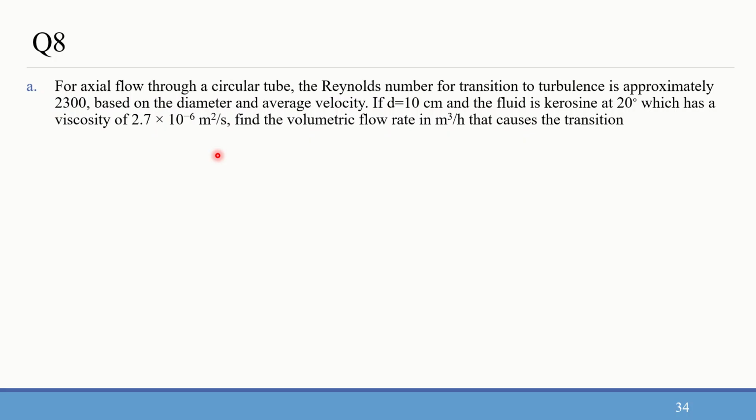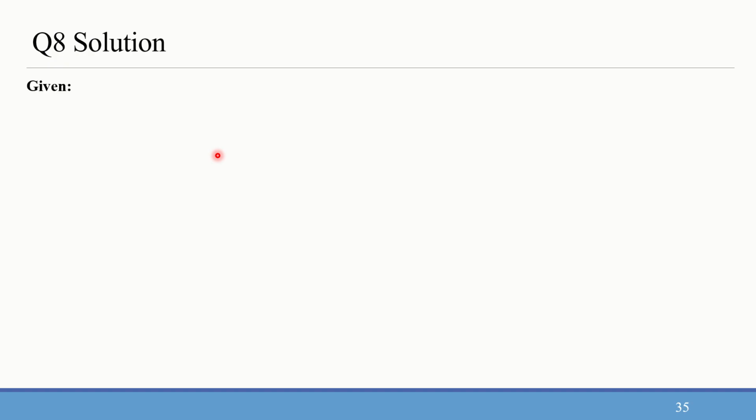So now again a similar problem. We have the Reynolds number, we have the fluid properties known, and we are just asked to find the volumetric flow rate in meter cube per hour. So we have to find the velocity first. So we'll write the given.